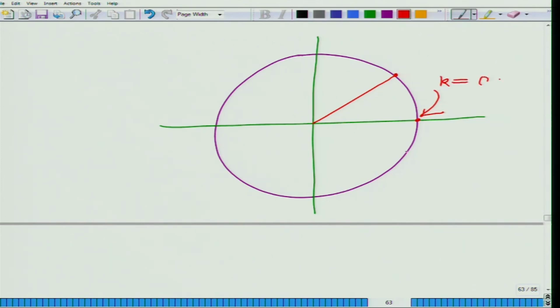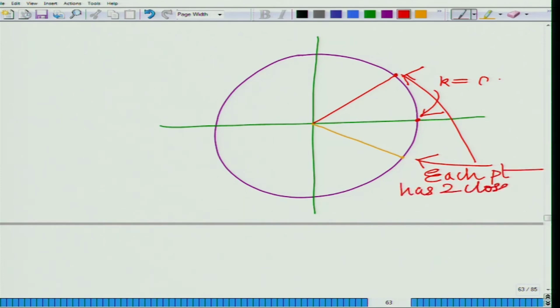Remember, phase is 0. Now, each constellation point has two neighbors. Each constellation point has two closest neighbors.